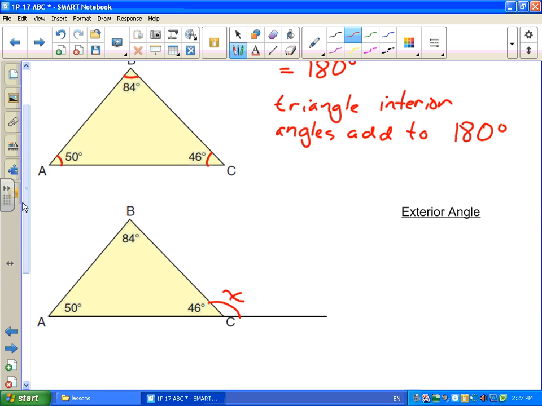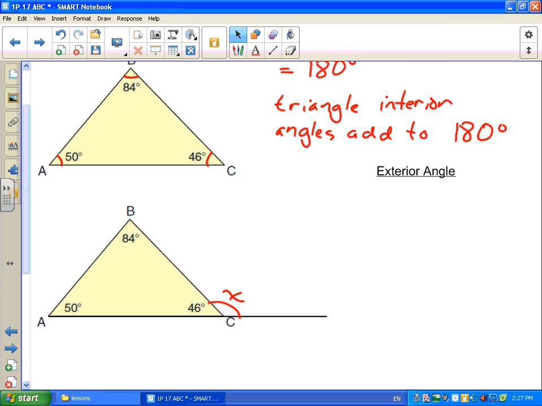What do I know about this x and this angle right beside it, the 46 degrees? What do those two angles have to add up to? 180, yeah, because they form that straight line there. They are supplementary angles.